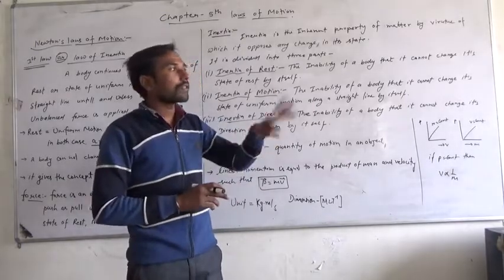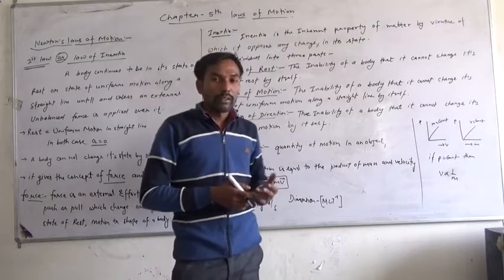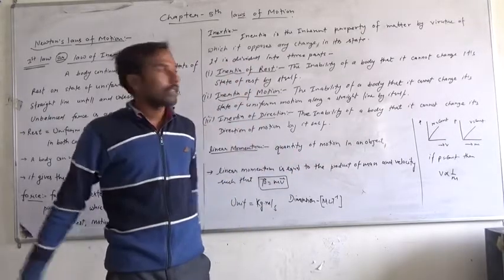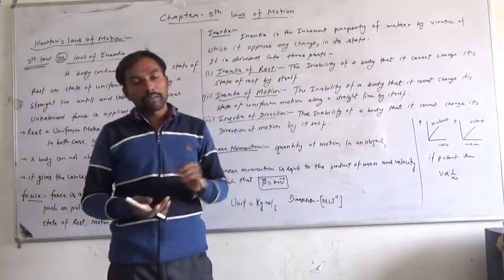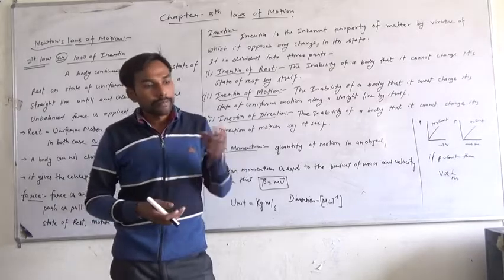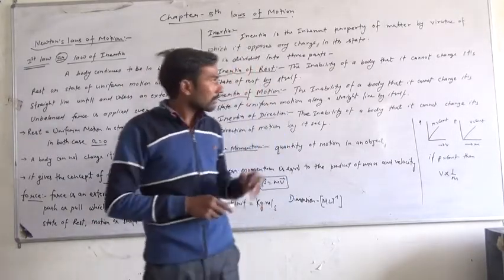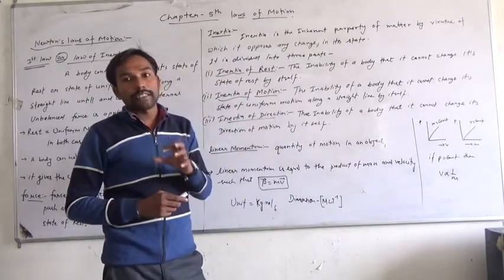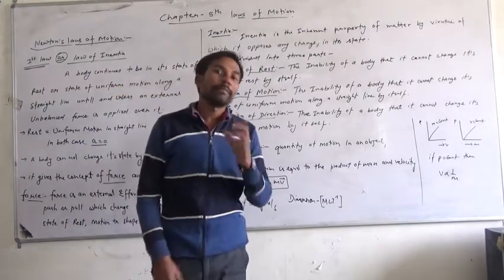It always wants to remain in uniform motion, and if we want to stop this uniform motion, we have to apply some external force. Similarly, an object which is at rest always remains at rest until we apply an external force. So the term inertia means the property which comes in matter because of its mass.